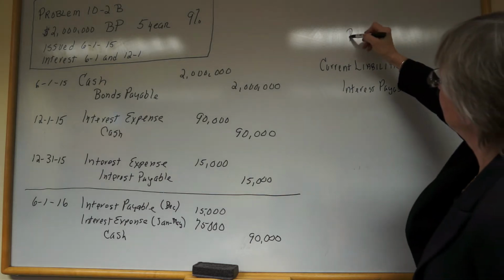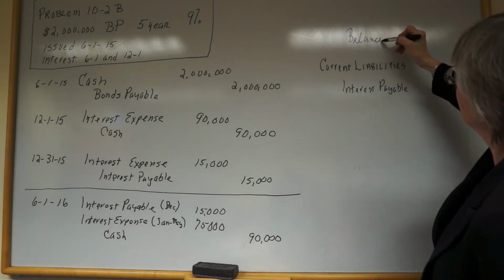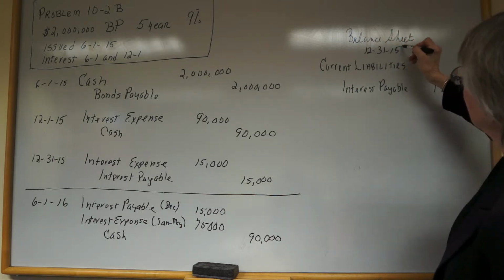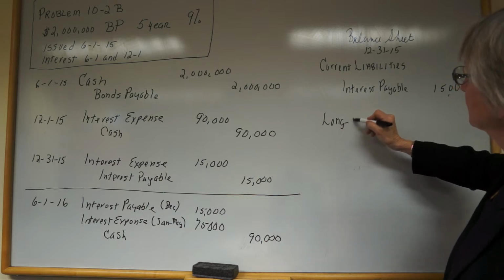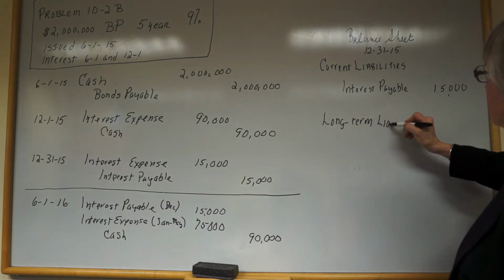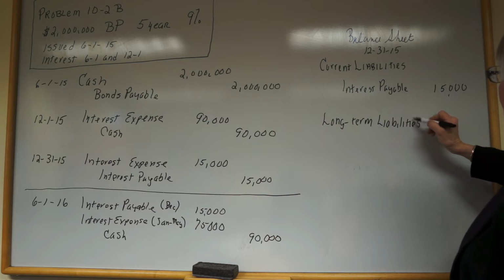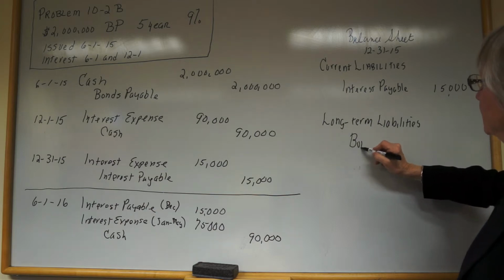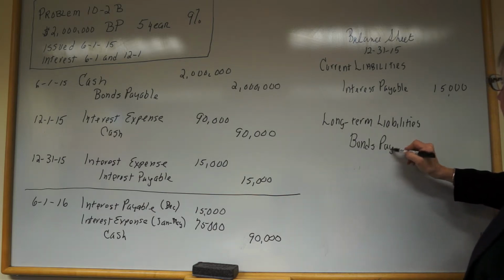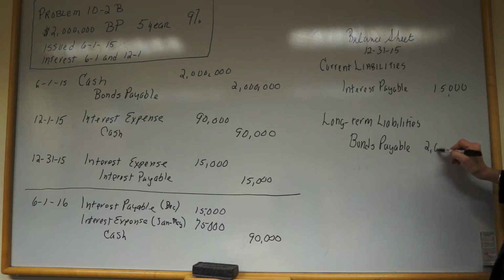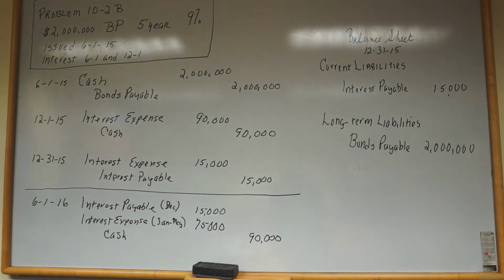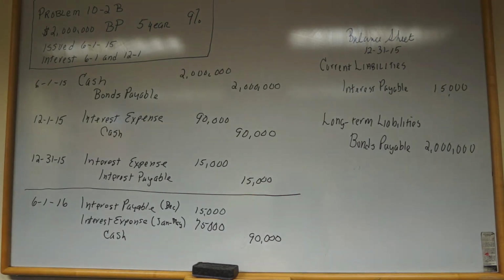Okay, and so this is your balance sheet at 12/31/15. And then you would have your long-term liabilities of the $2 million bonds payable. So you have your bonds payable of the $2 million. Okay, so that would be your balance sheet presentation of those two items. And you'd say the bonds payable were due in 2020.